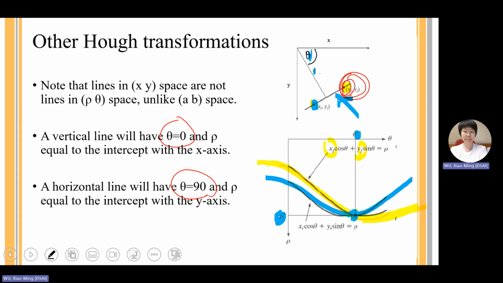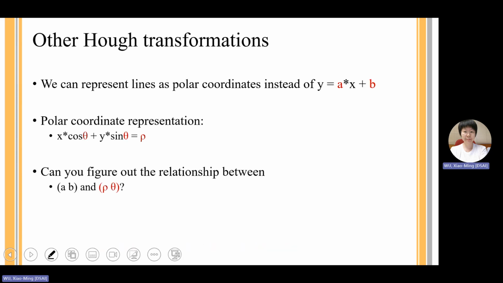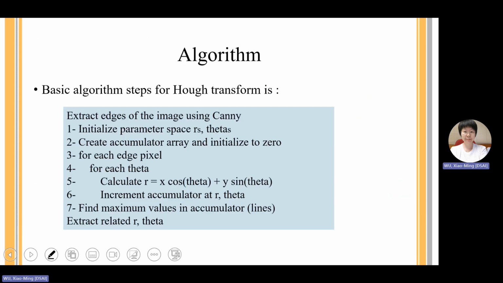Everything is similar, except we represent the line using polar coordinate representation, but the insights are similar. The algorithm is simplified. I won't go into details, but you can figure it out.